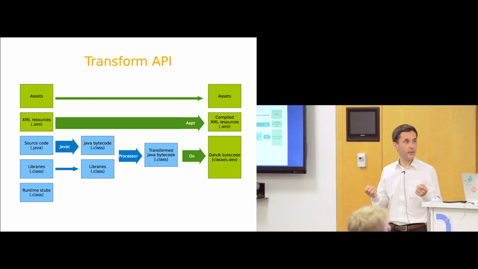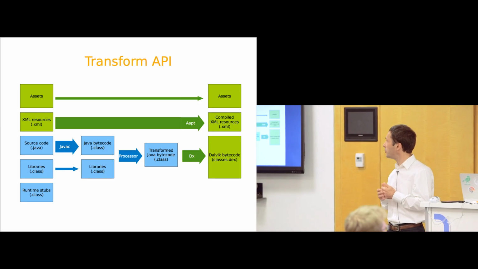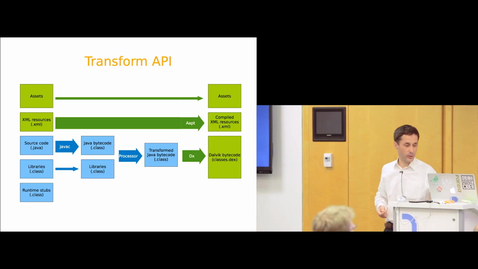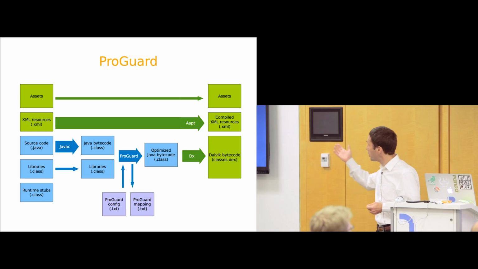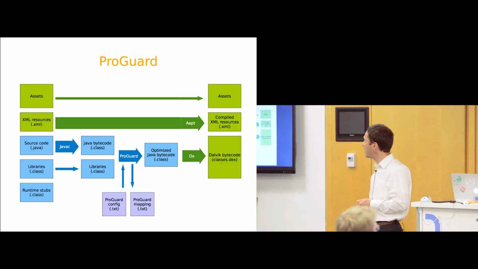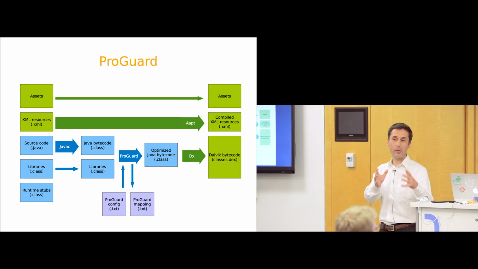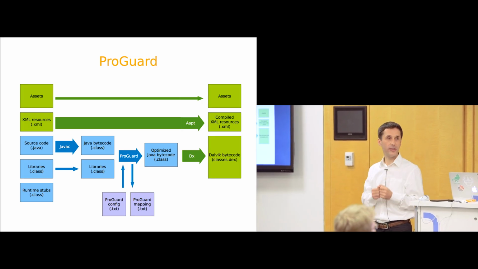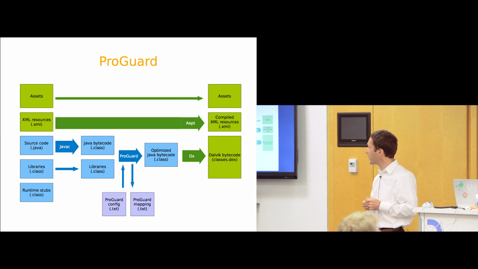Perhaps instrument it to debug it, or instrument it for performance measurements, or perhaps to optimize and obfuscate it with ProGuard. So ProGuard is just one of these transformation steps that you can apply. ProGuard takes your Java bytecode, makes it smaller, more efficient, and a bit better hardened against reverse engineering.